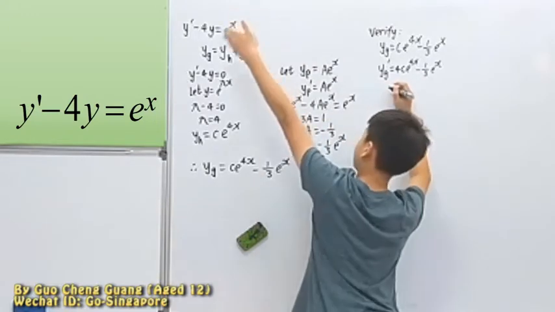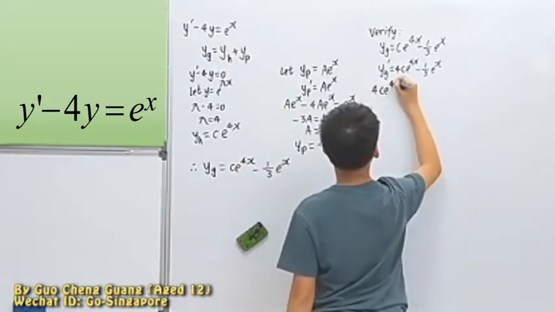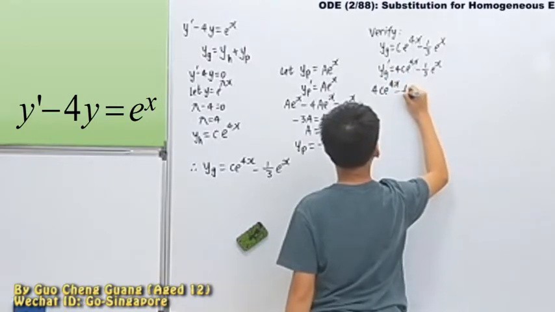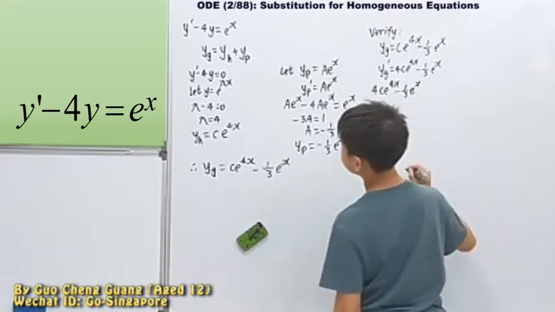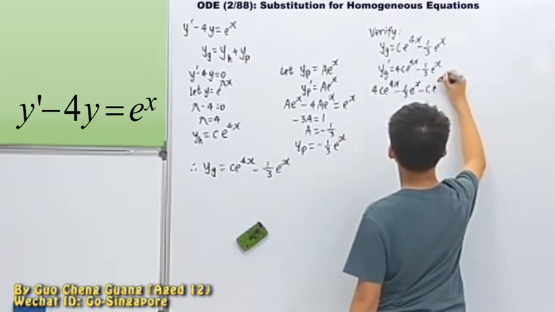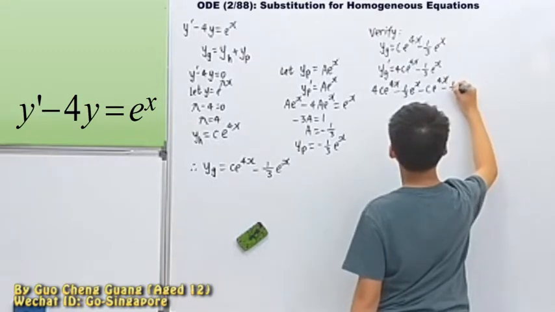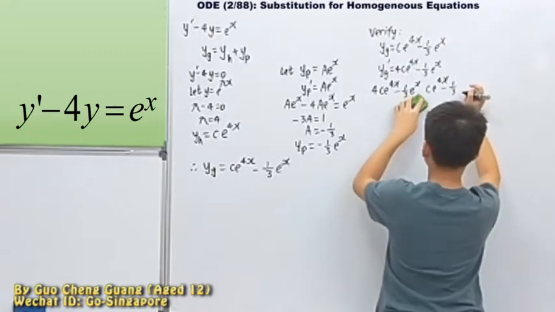Then you just substitute them back inside. Wait, and here is 4.